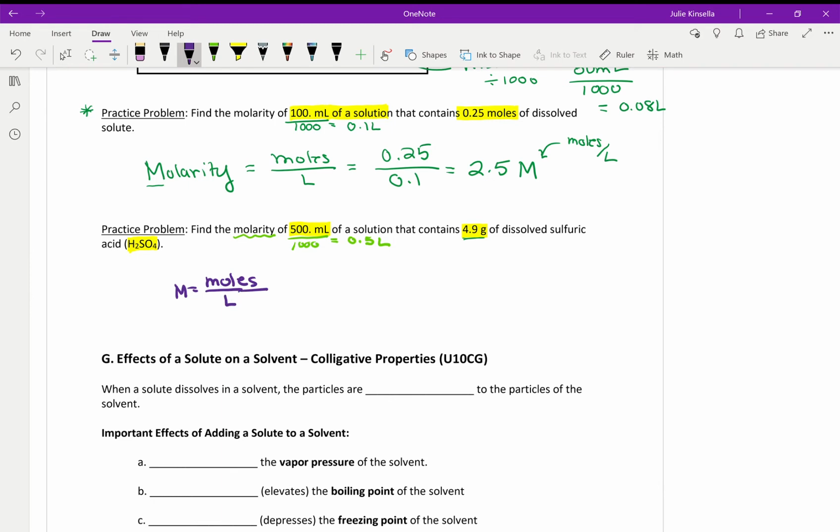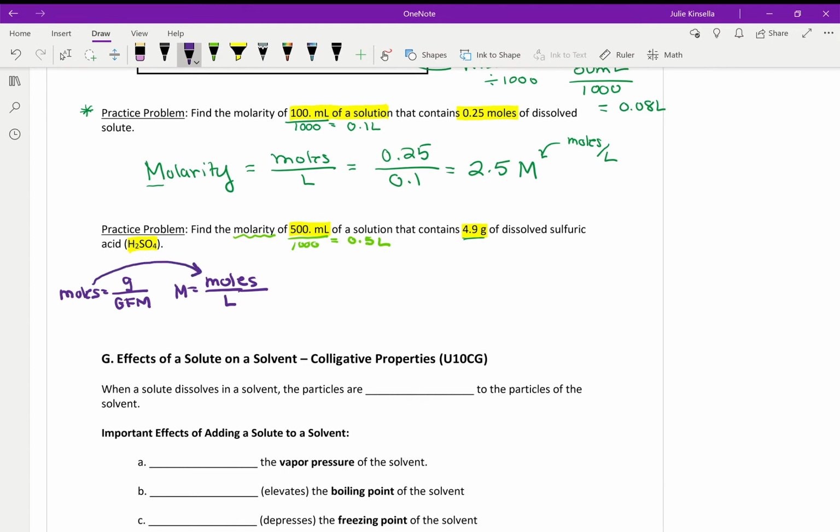Right now we're in grams. So what we're going to have to first do is figure out how many moles are present when we have a certain number of grams, and that formula, which is in your reference table, is moles is equal to grams over the GFM.